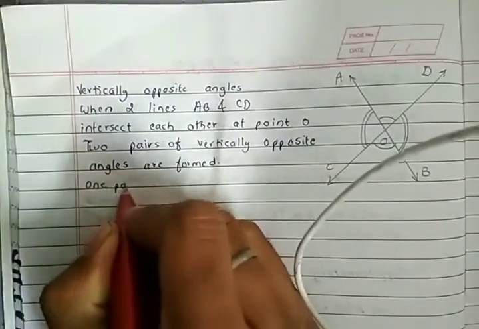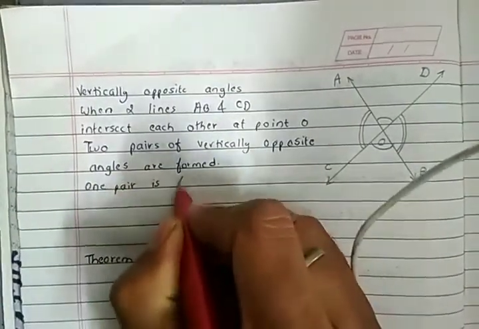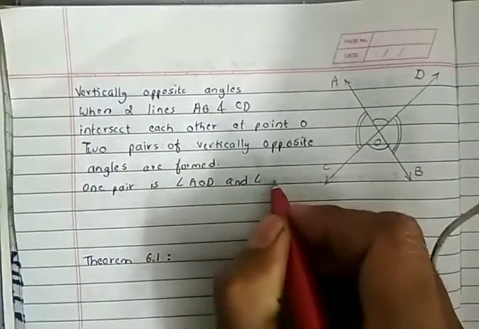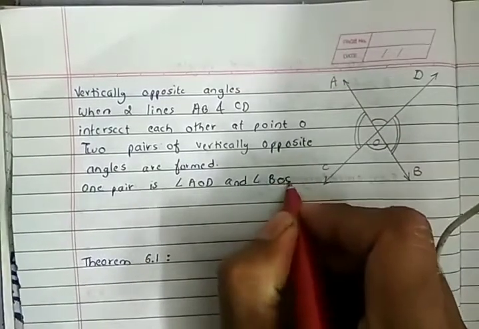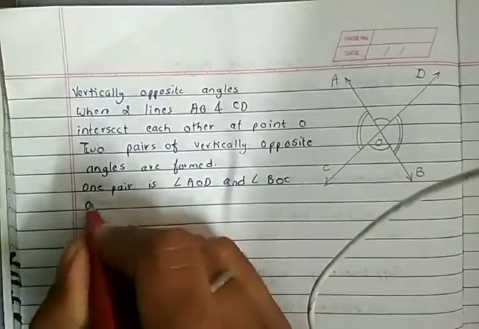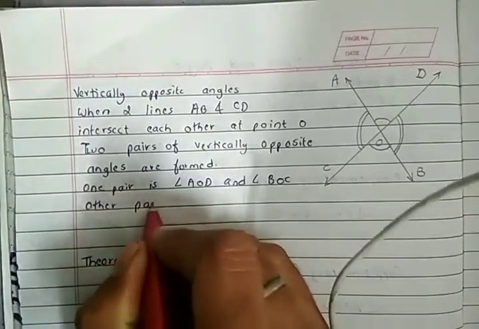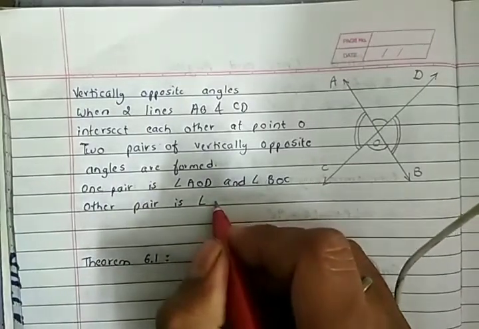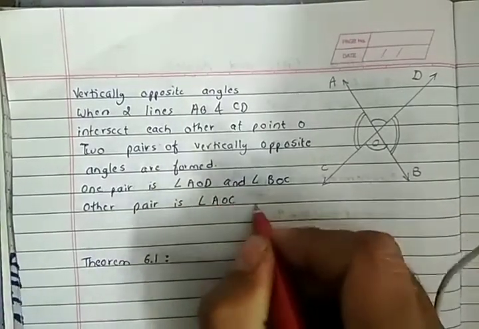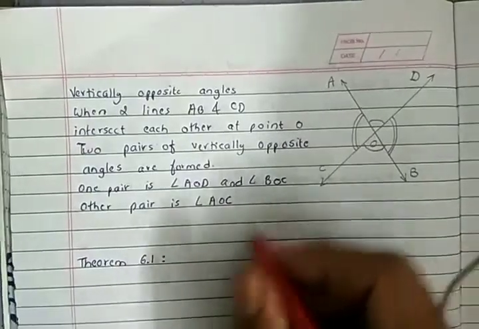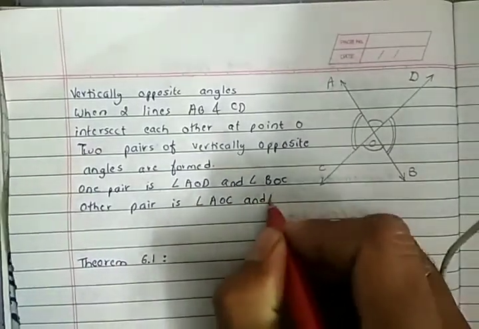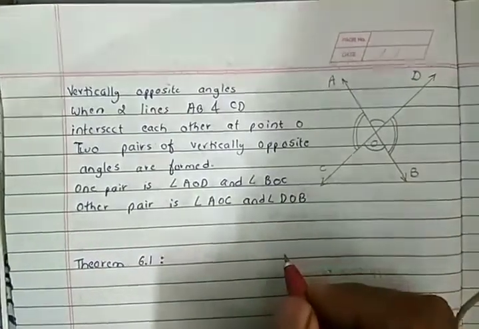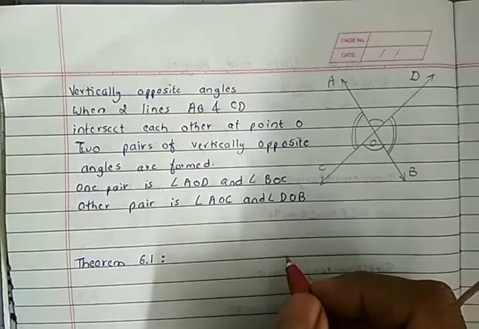One pair is angle AOD and angle BOC, and the other pair is angle AOC and angle DOB. Two pairs of vertically opposite angles are formed.